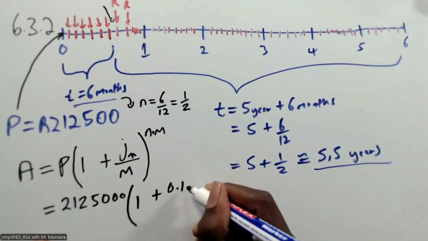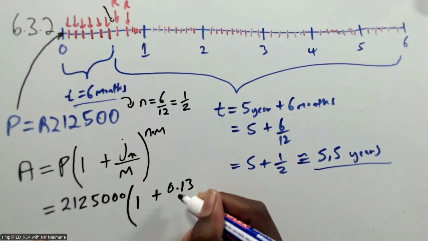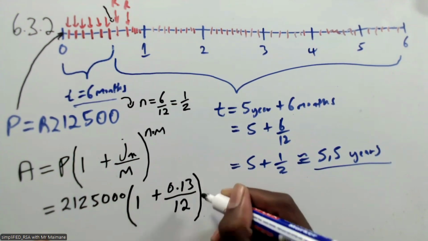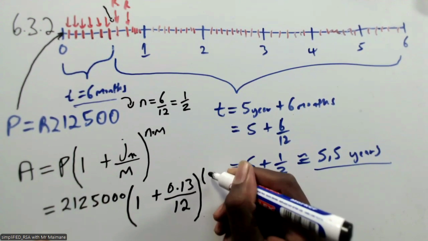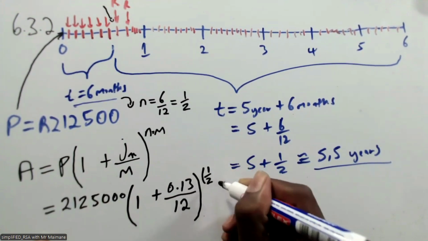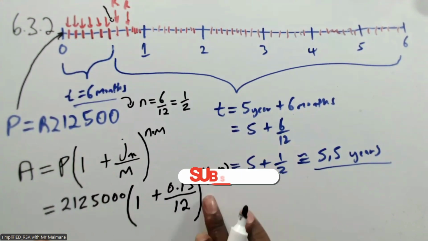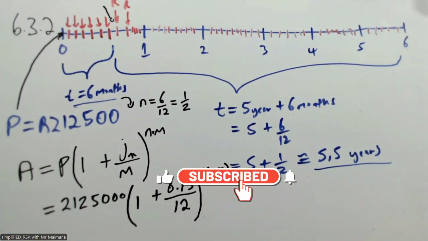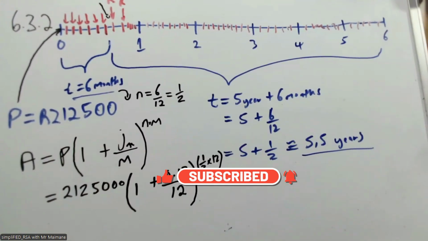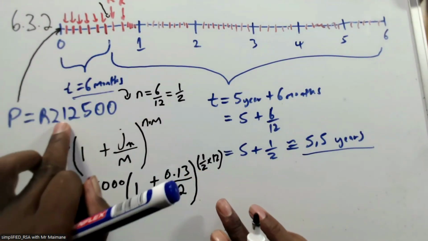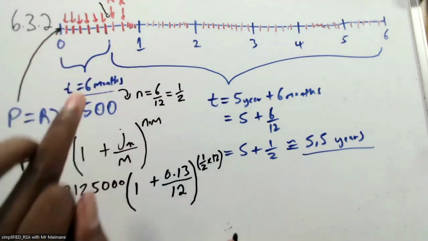After dividing by 100, I get 0.13 over 12, because it is compounded monthly. The compounding period is 12, to the exponent 1 over 2, because that's half a year, multiplied by the compounding period, which is 12. This is what's going to give me the amount of the loan by the time Thabo starts paying.